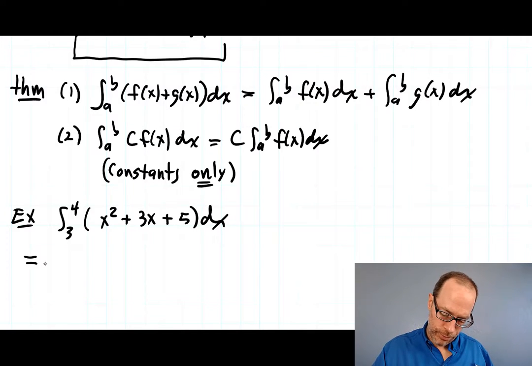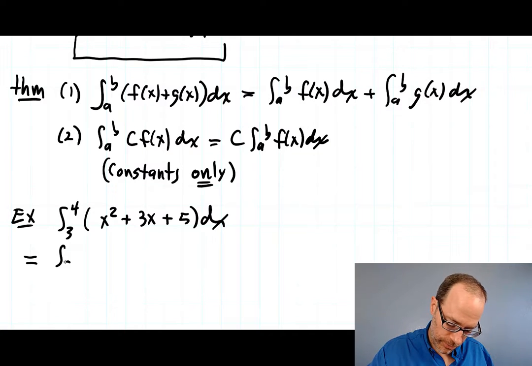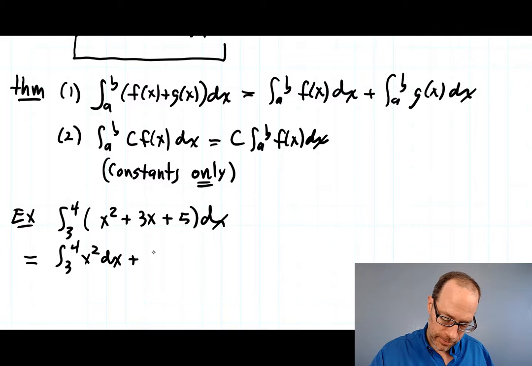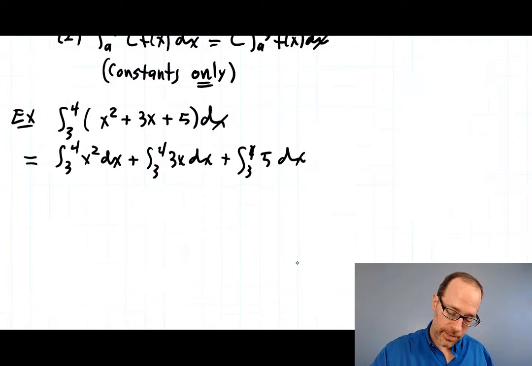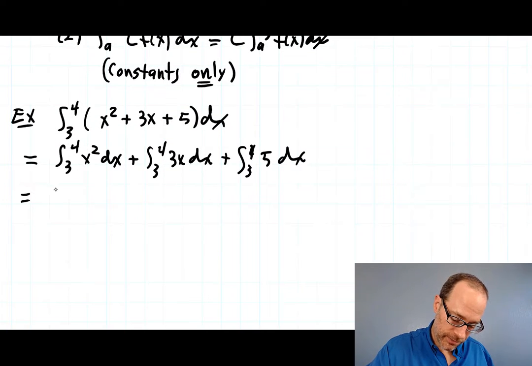Well, to break this up, this will be the integral from 3 to 4 of x squared dx plus the integral from 3 to 4 of 3x dx plus the integral from 3 to 4 of 5 dx. And then, let's just leave this one alone for now.